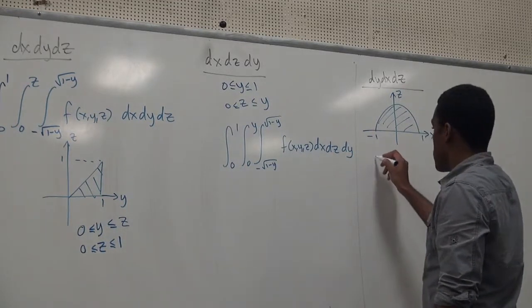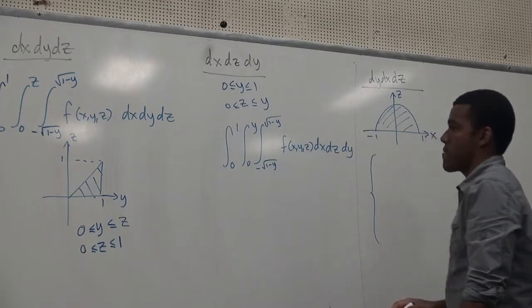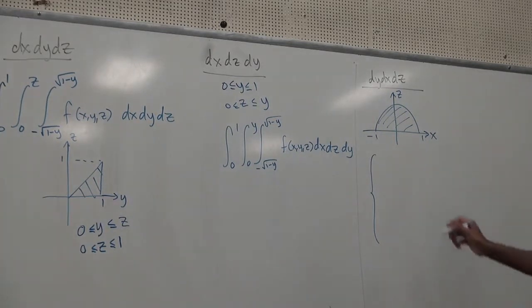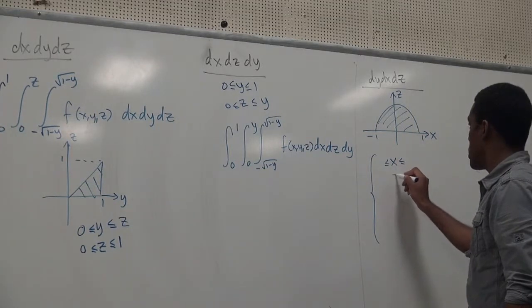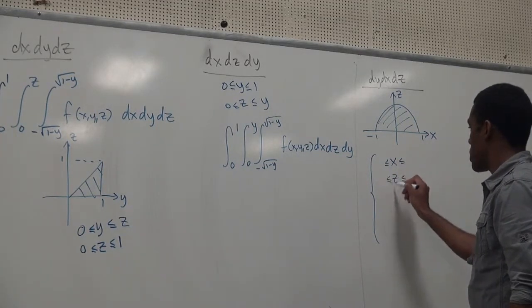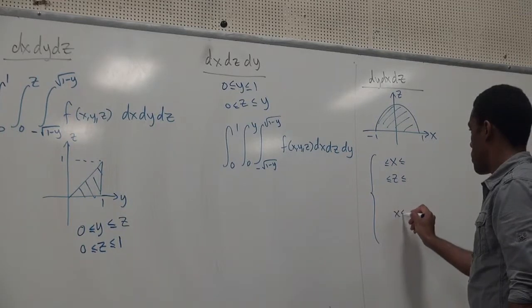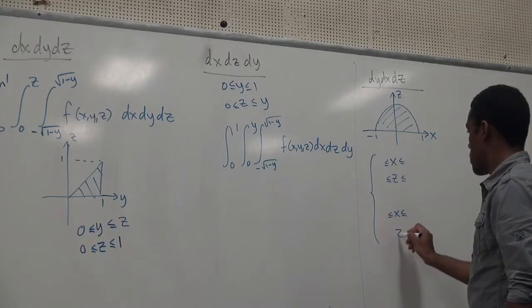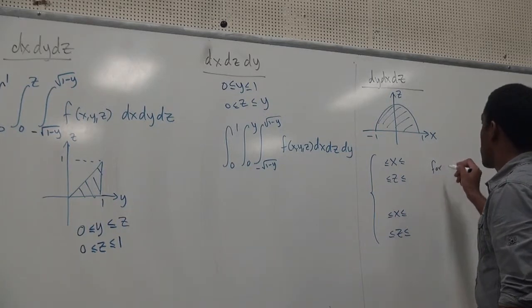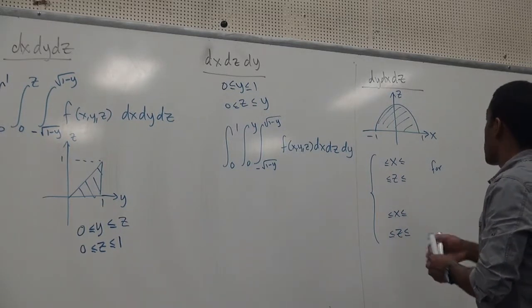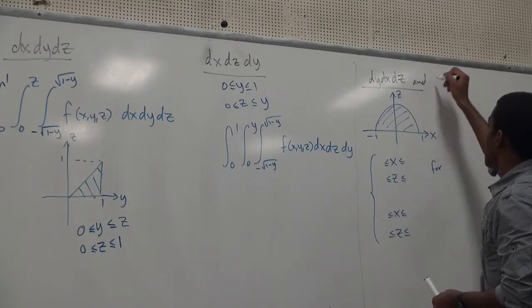Which means I can express this in two ways. If I want my x to go between constants and the z to go between functions, or vice versa. Let's do both of them.